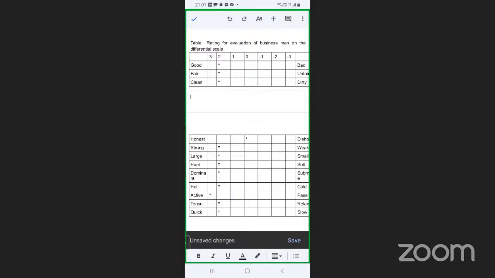They think that businessmen must be very active, therefore they assign 3 on active.